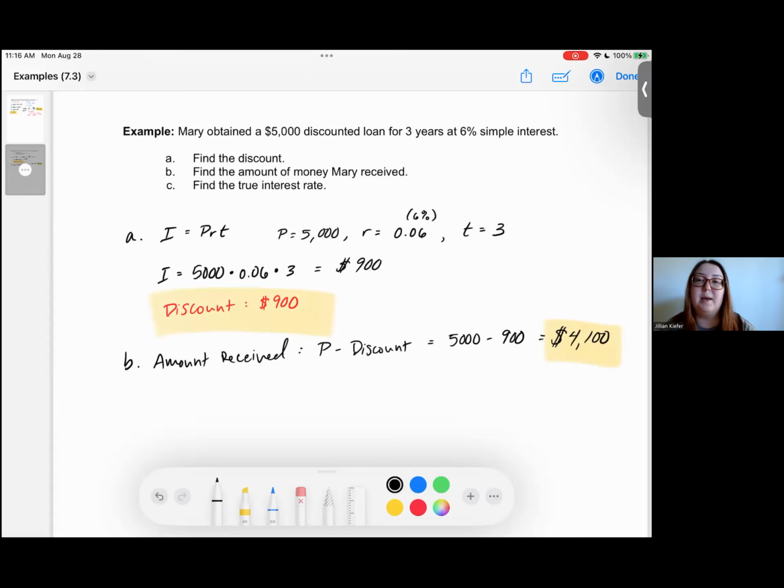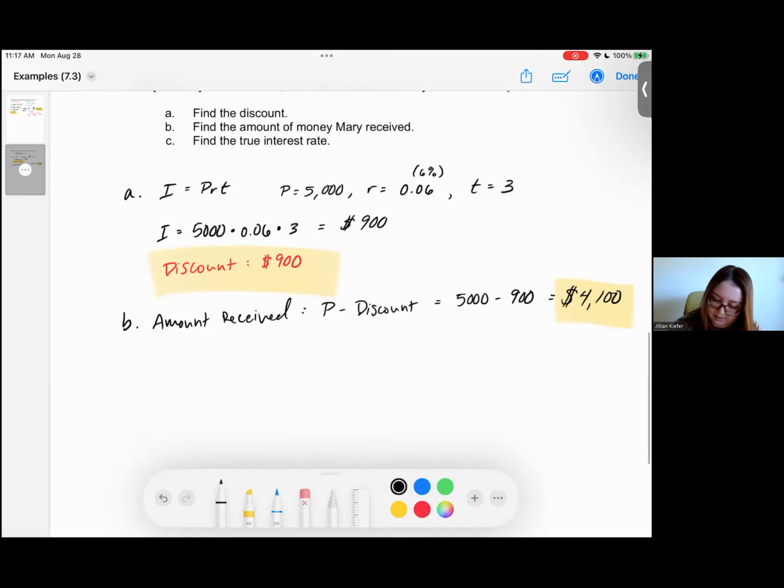So that was the amount Mary actually received. But if we go ahead and we find the true interest rate, this might be a little bit different. So Mary received $4,100. Now, if Mary had just taken out a loan for $4,100 with all the same rates, we'll see how much that actually comes out to.